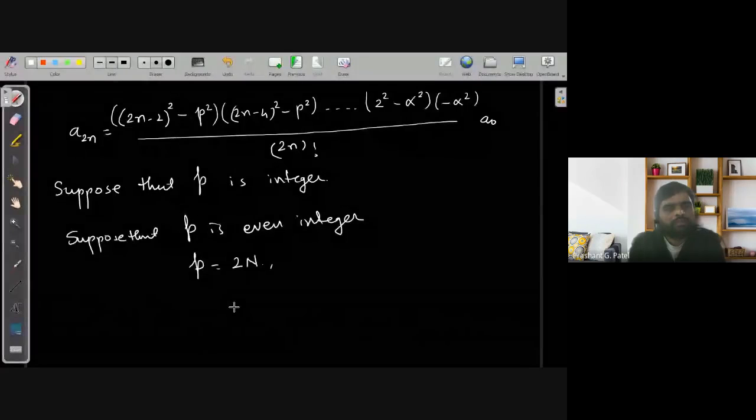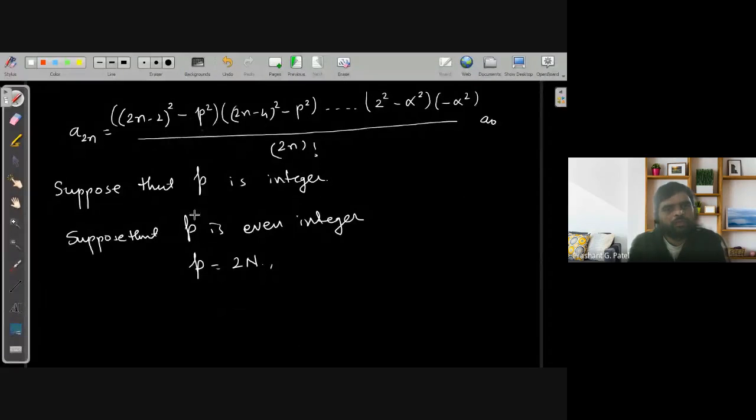Then according to this, what will be the a2n plus 2? This is a2n. What will be the a2n plus 2? According to this, you have to subtract 2 from this index. That will be the first term. That is, it will be (2n) square minus (2n) square.